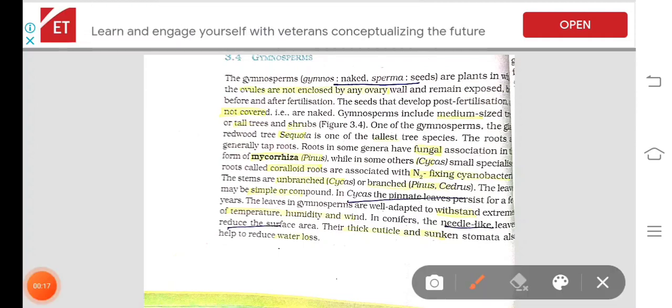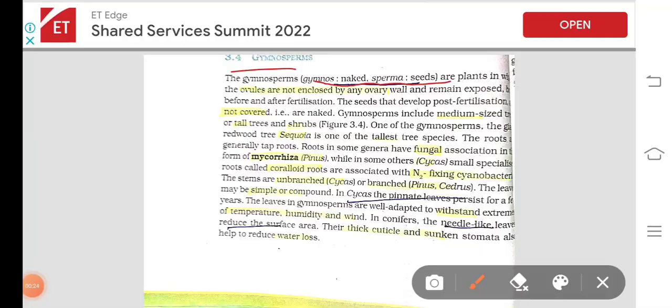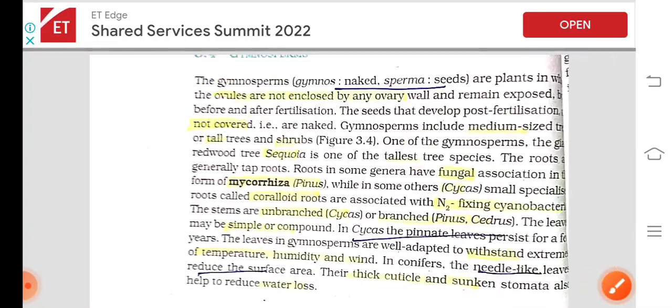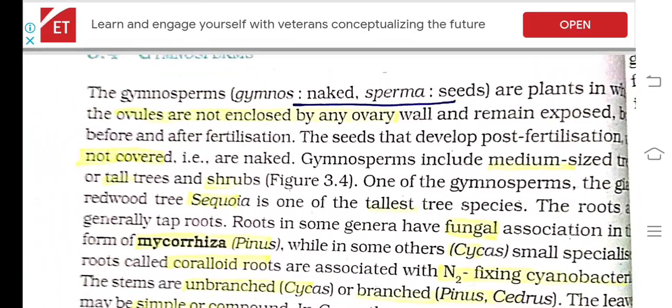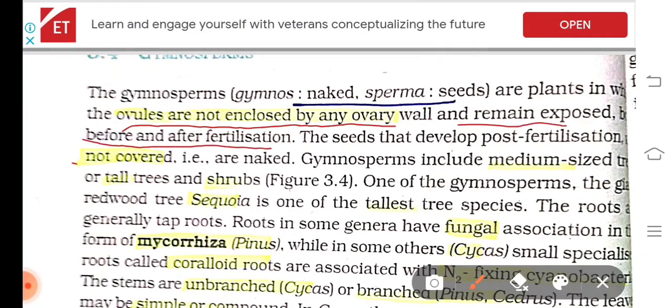So what does this word gymnosperm tell us? Gymnosperm means naked seeds. So gymnosperms are the plants in which the ovules are not enclosed by the ovary and they remain exposed before and after the fertilization process.